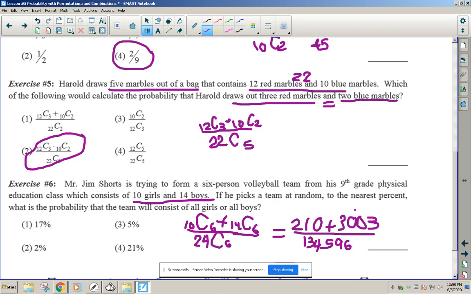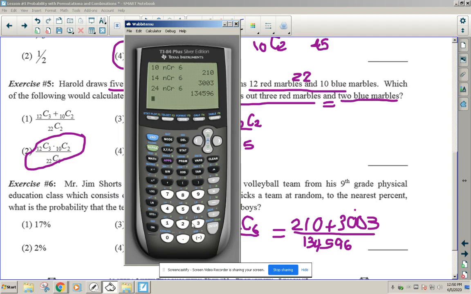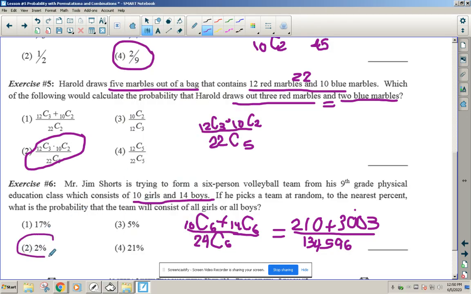So now if I take these numbers and I add 210 plus my 3,003, and I divide it by the 134,596, there we go. There's my 2%. This would round to 0.02, and 0.02 is absolutely 2%.